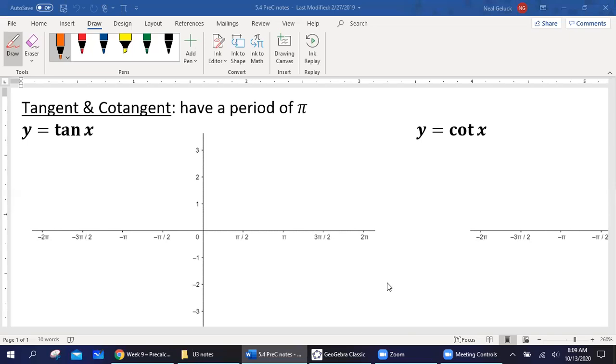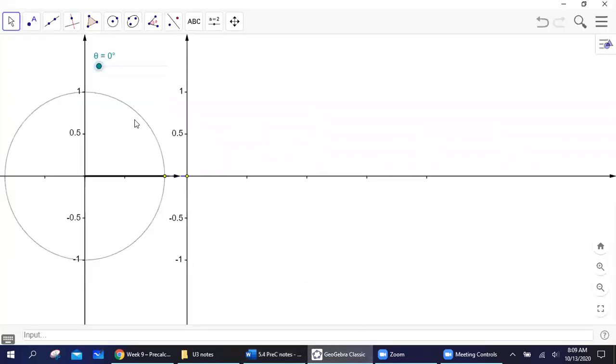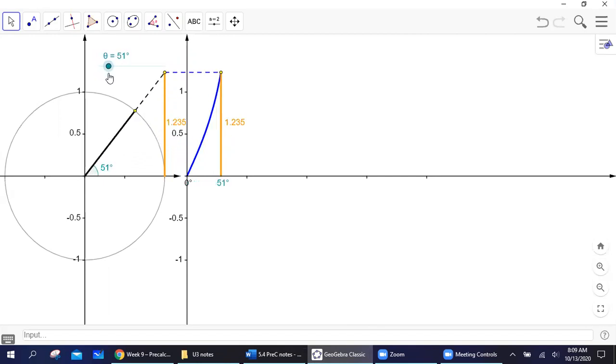If we look at tangent, again, this is going to go around the unit circle, and it's going to graph the tangent, which is, remember, opposite over adjacent. As the triangle grows, the opposite side is getting bigger while the adjacent side is getting smaller.